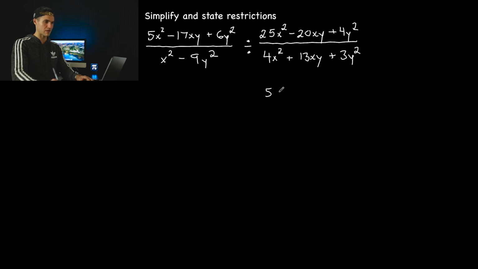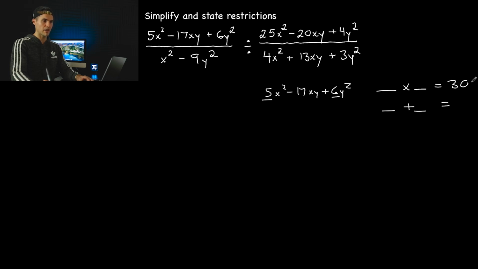So I got 5x squared minus 17xy plus 6y squared. So remember, what we're doing first is we are multiplying the a and the c value, which is going to be positive 30. We're finding out two numbers that are going to multiply to positive 30 and add up to the b value of negative 17. And notice in this case, it's going to be negative 15 and negative 2, right? Negative 15, negative 2, like that.